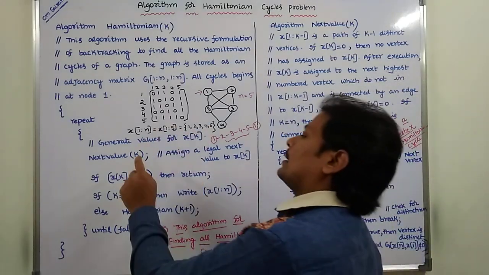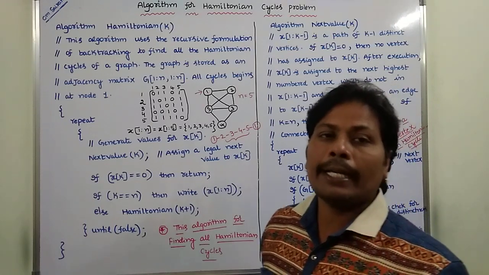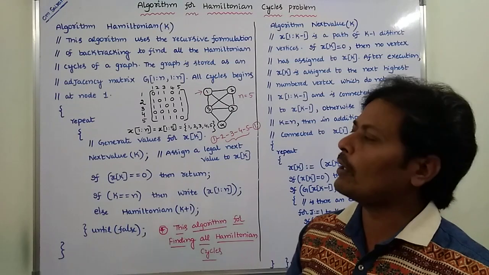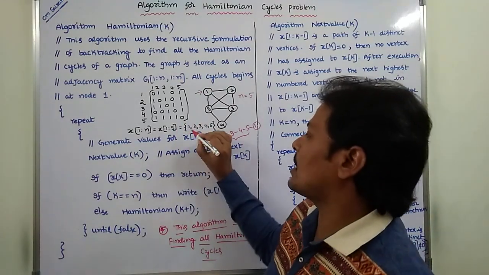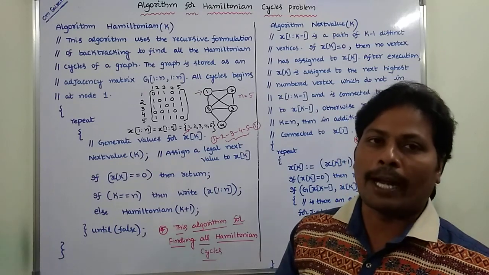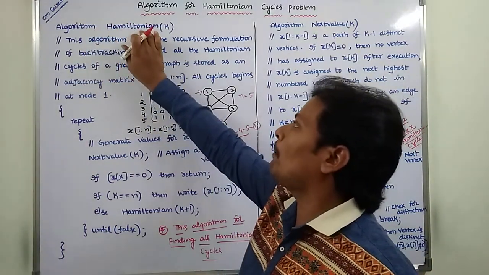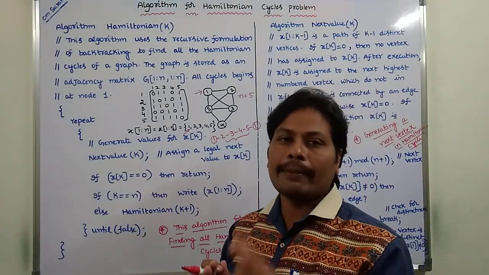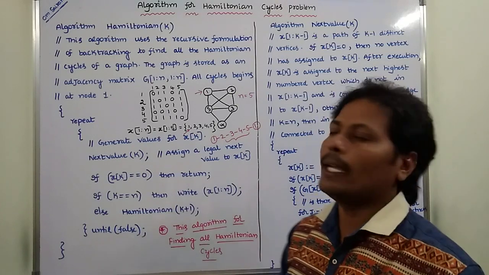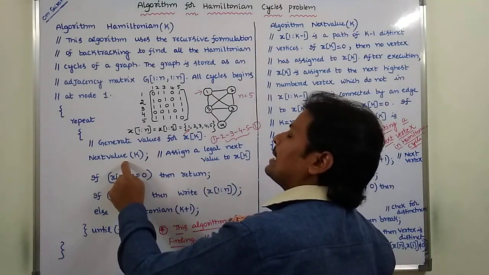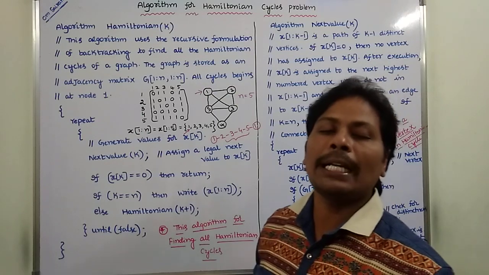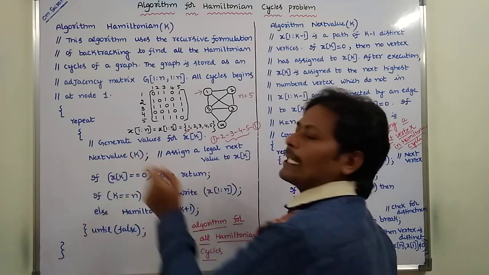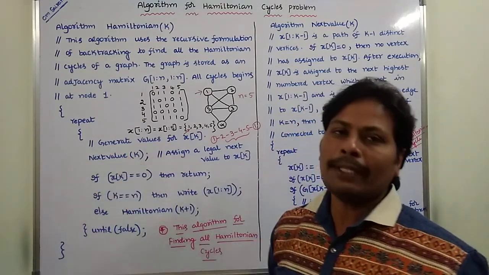Those vertices are generated by using the function called next value of k. Initially it starts with vertex 1, so algorithm Hamiltonian of k points to the first vertex in the given graph. After that, the next vertex in the Hamiltonian cycle can be calculated by using this function, next value of k.